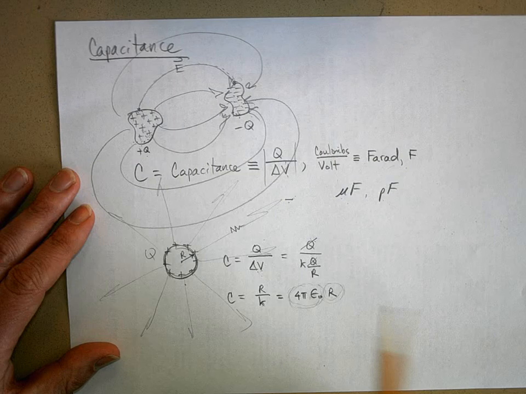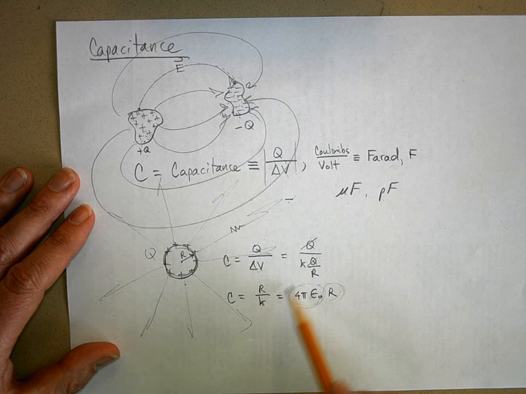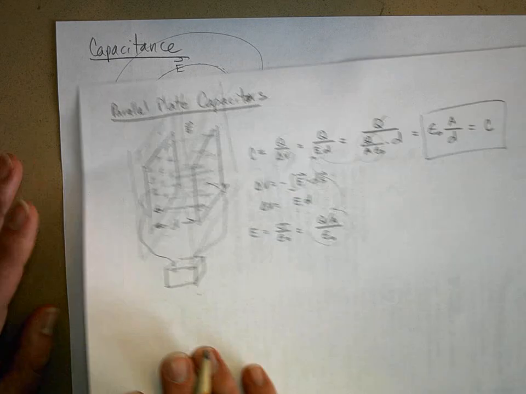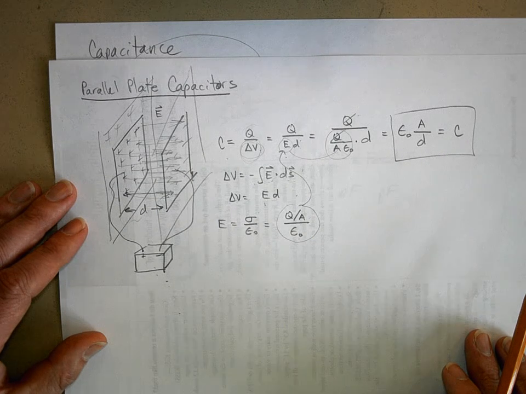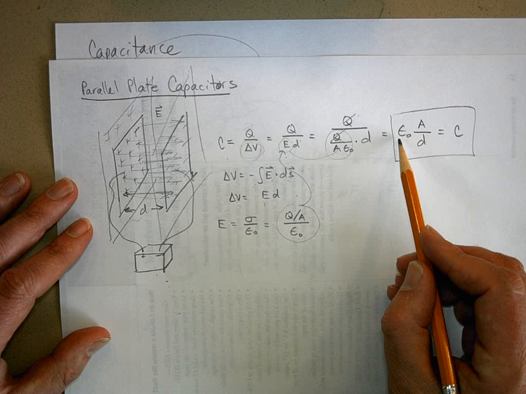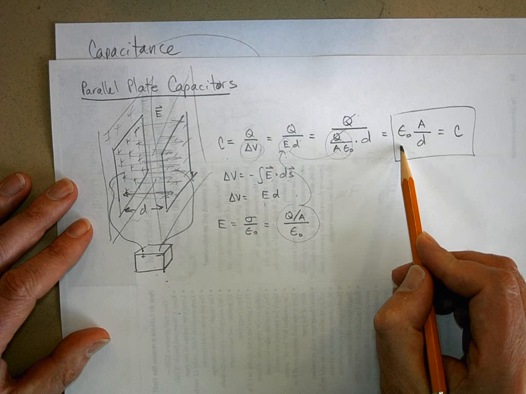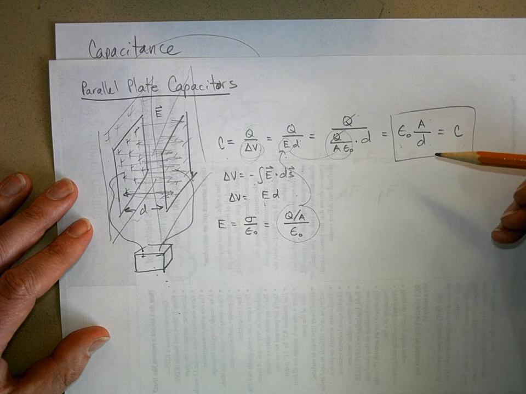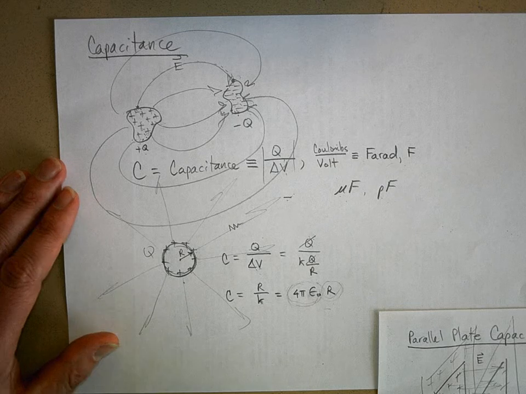If I have a sphere with charge on it, there's my capacitance equation. And then I did the same thing with a parallel plate, which was a little more complicated. But again, capacitance is always a function of a constant of nature, in this case epsilon naught, the area of the plate, and the distance between the plates. When I did the sphere, it was just the radius of the sphere that mattered.